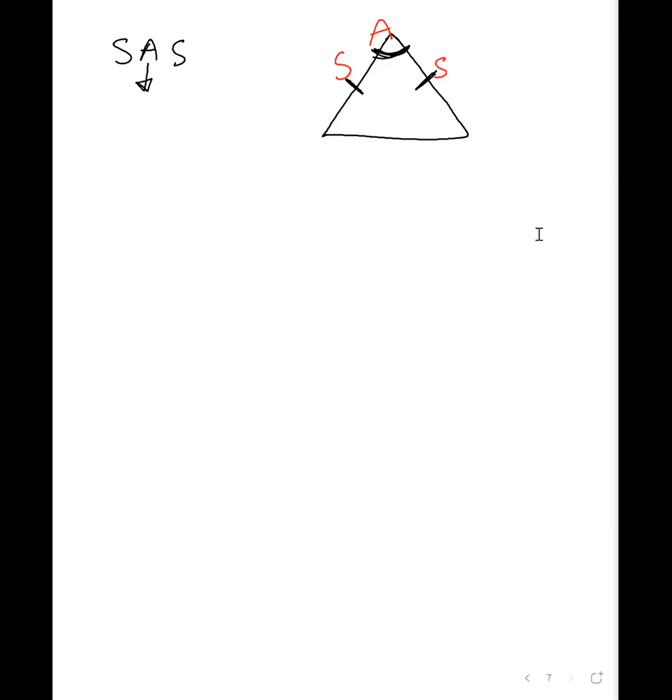Okay, so let's try question number 1. Look at these two triangles. What are the names of the two triangles? Triangle ABC and triangle PQR. Very good.